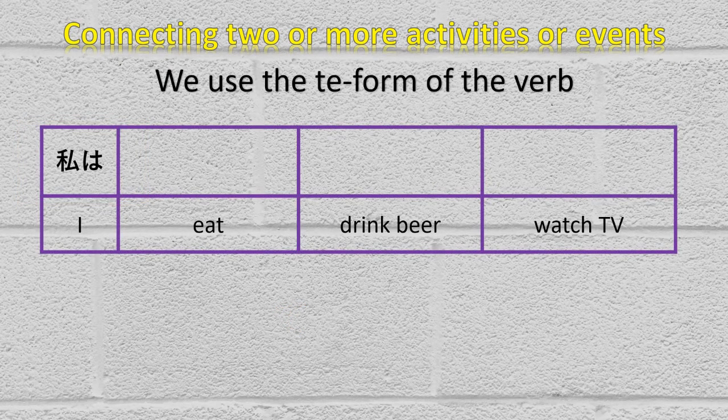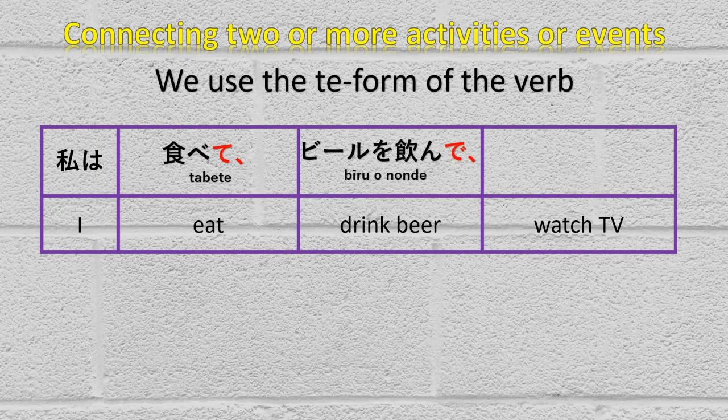Another example. I eat, drink beer, and watch TV. So, watashi wa tabete, biru o nonde, terebi o mimasu. As you can see, mimasu, the last verb of the sentence, is in the present tense. Therefore, the verb eat, the verb drink, must also be in the present tense.